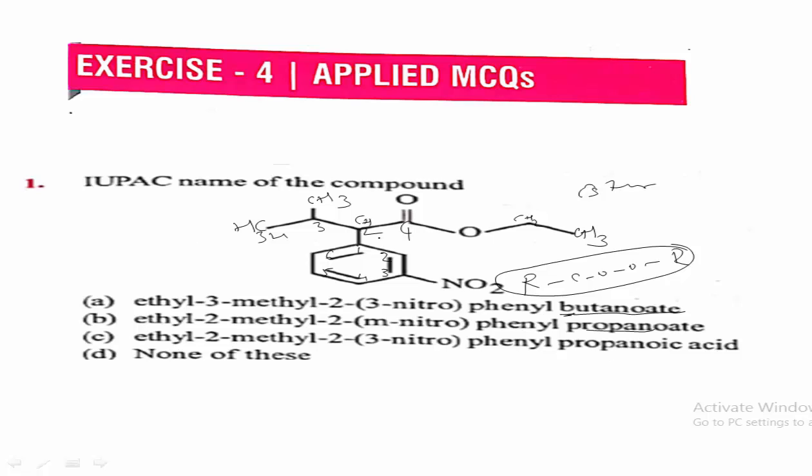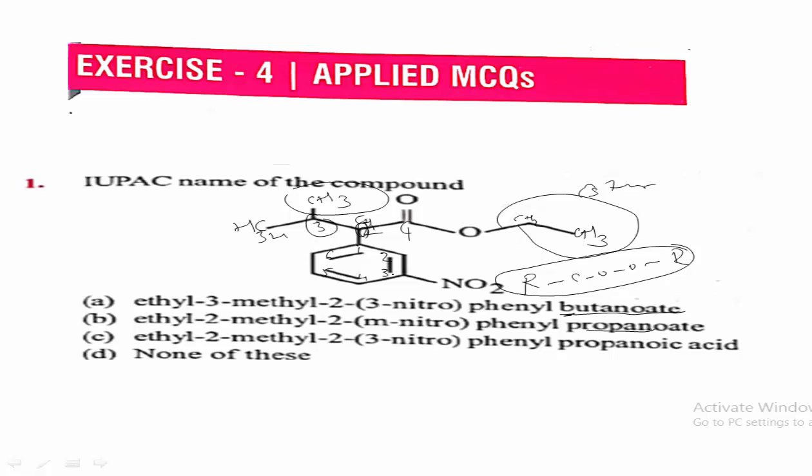Okay, observe here. Ethyl group is present, and third carbon atom contains a methyl group. Ethyl 3-methyl, and you observe here second carbon atom contains one benzene ring.